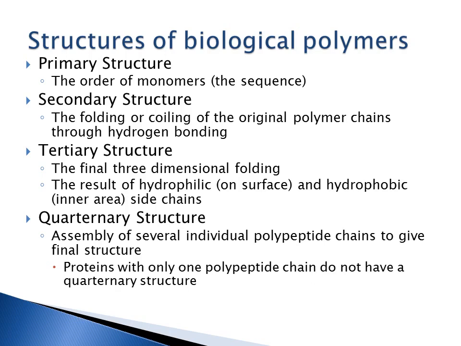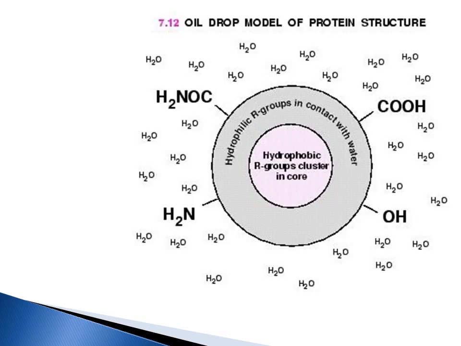And then you have your quaternary structure where you have several individual polypeptide chains. Here's an oil drop model showing those water-hating molecules in the middle and the water-loving groups on the outside.